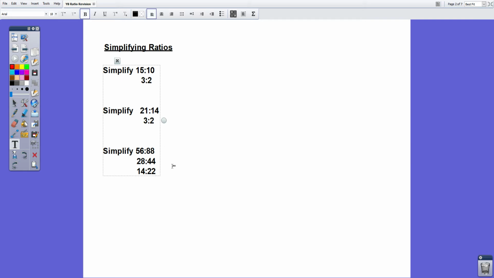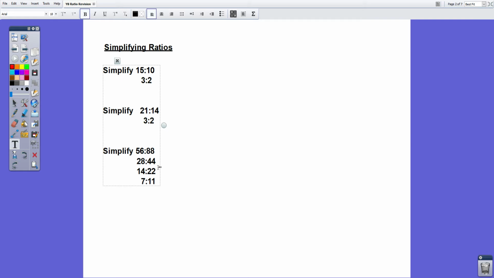And if we look yet again, both of these numbers are even numbers again, and therefore we'll divide by 2 again, and we'll end up with 7 colon 11. Simplified all the way, we get down to 7 to 11.